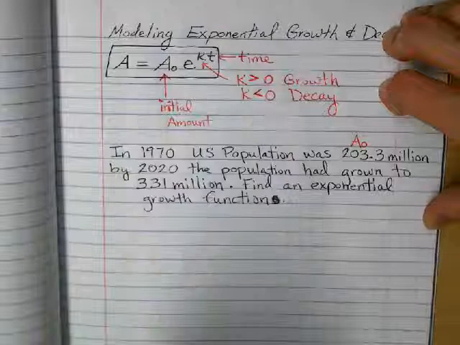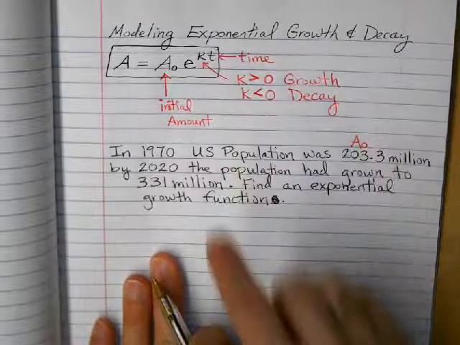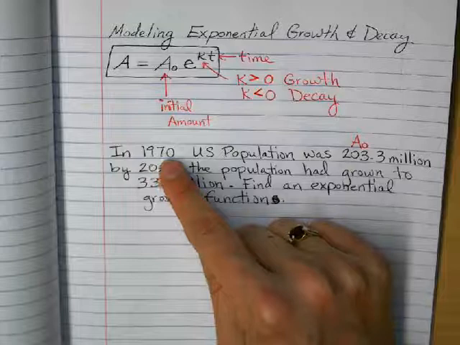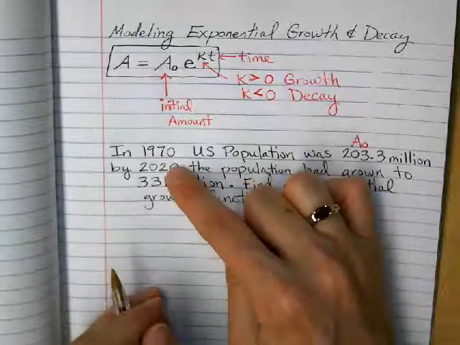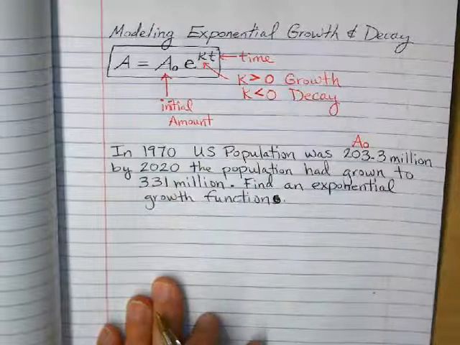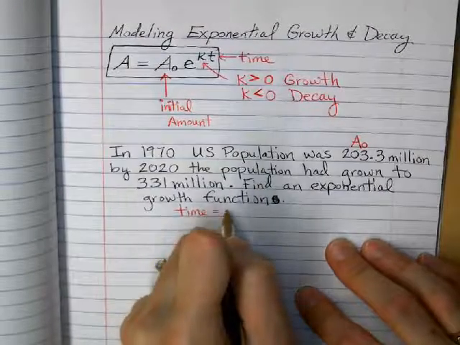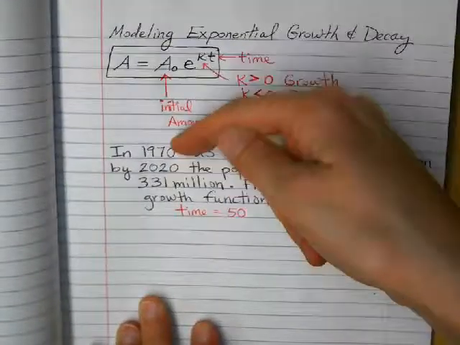Good job. Now think about maybe the time you could figure out next. The problem talked about 1970, and now they're going to compare to 2020. How much time has gone by there? Good job. So time is 50 years, because 1970 up to 2020, that's 50 years.